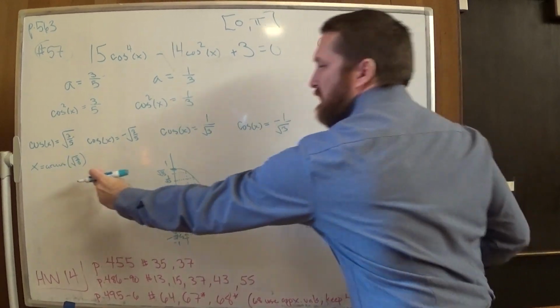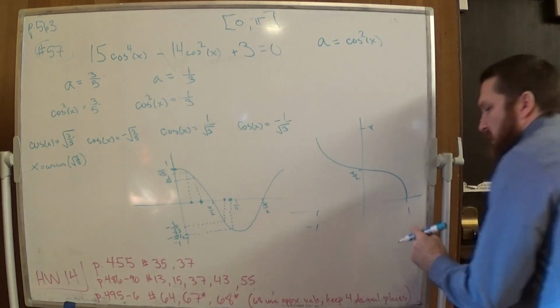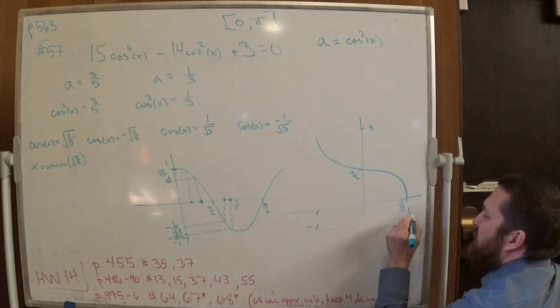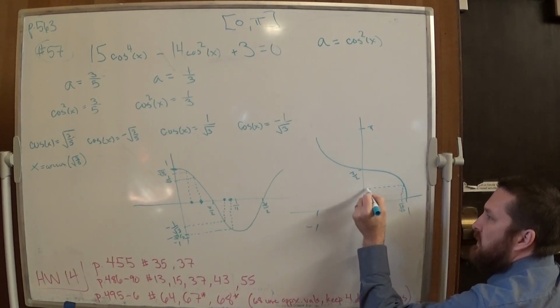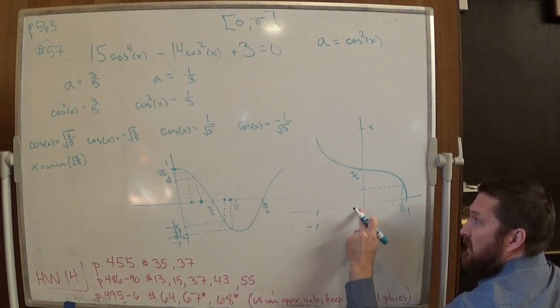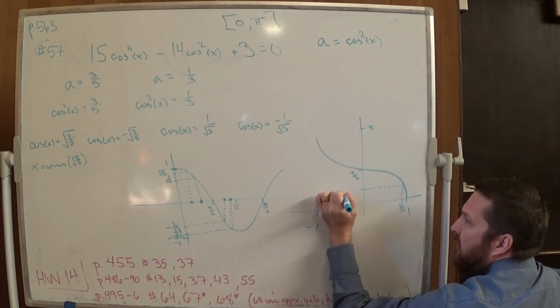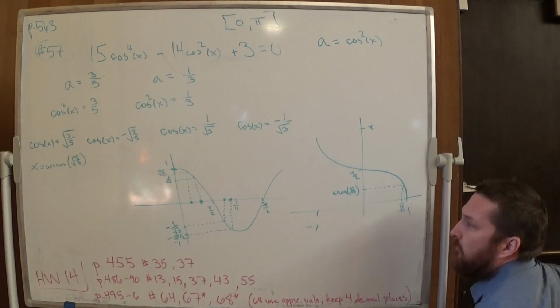If I plug in root 3/5, we know he lives somewhere over here, and as far as arc cos is concerned, it will return a value that is indeed between 0 and pi, because here's 0, here's pi. So whatever arc cos of root 3/5 is, you're good to go.